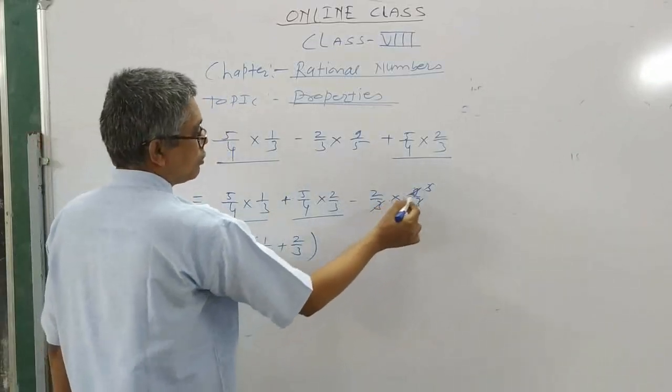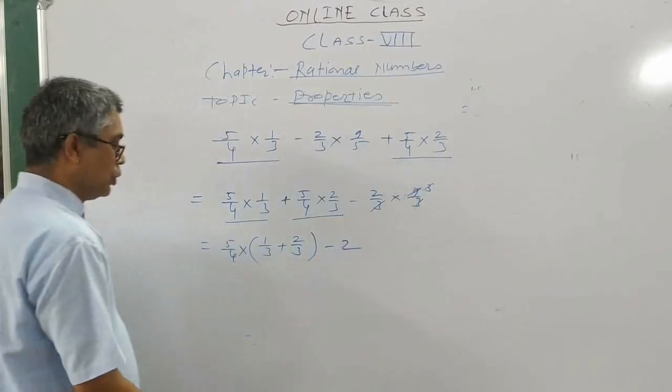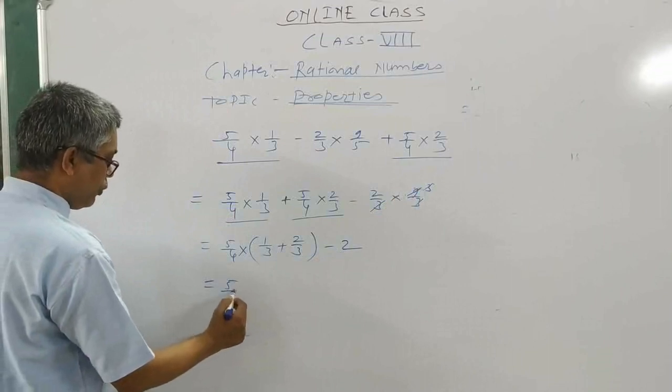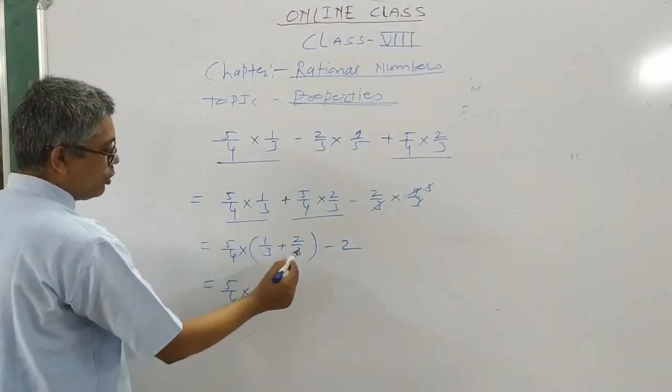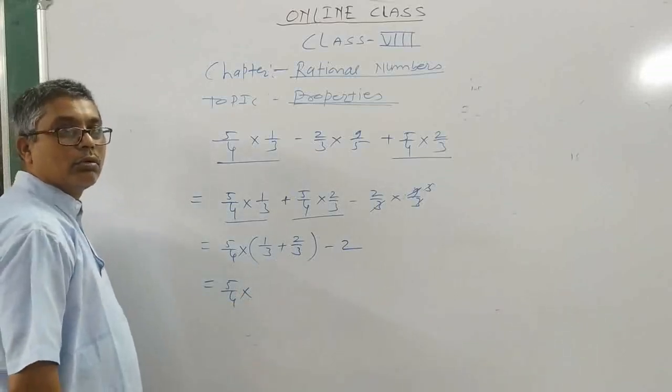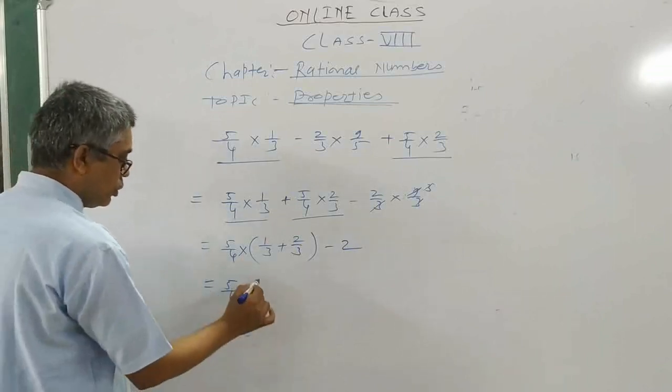So 2 1s are 2. So minus 2 is there. So again 5 by 4 into 1 by 3 plus 2 by 3, the denominators are the same, so we have to add numerators only.